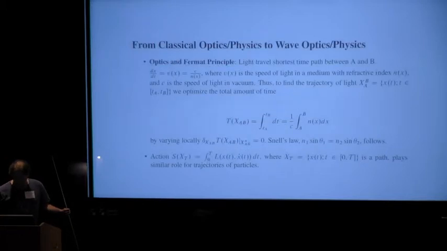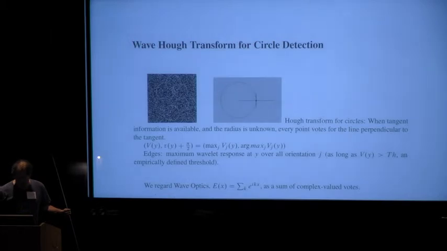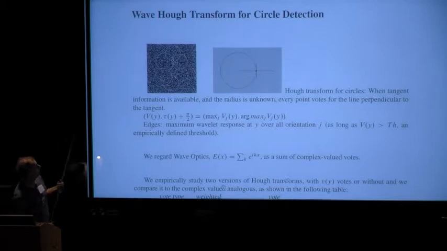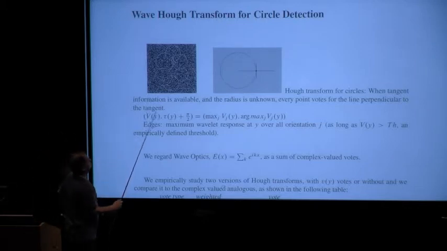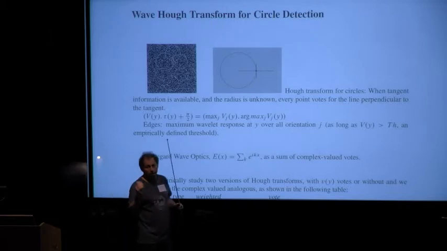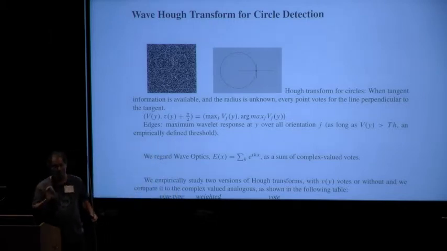I did the following work. I'm going to mention something practical. I look at this problem of circles in clutter. I step out of physics, and a method that I think is very basic to computer vision and very interesting is the Hough transform, a voting scheme.